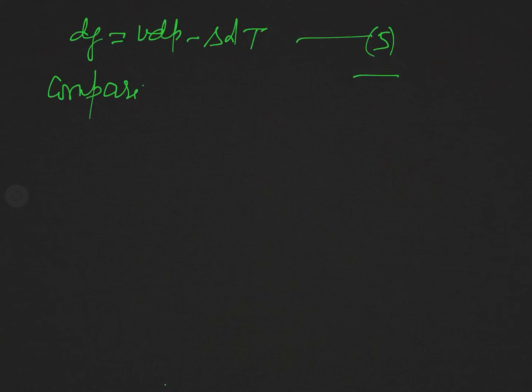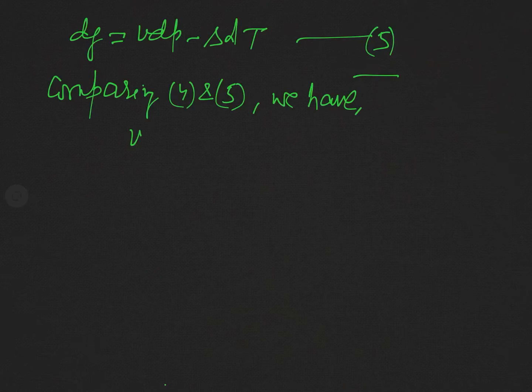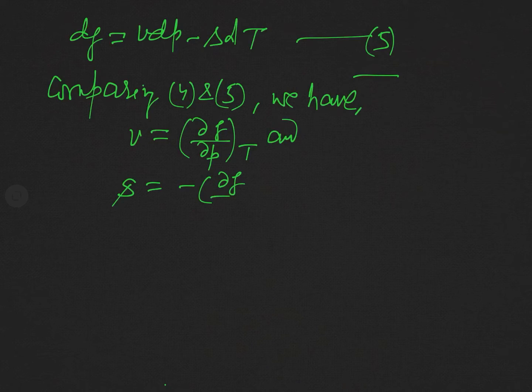Comparing 4 and 5, what will be v? v is equal to del G by del P at constant T, and s equal to minus del G by del T at constant P.